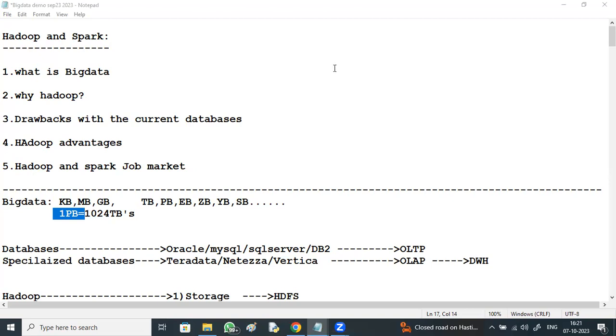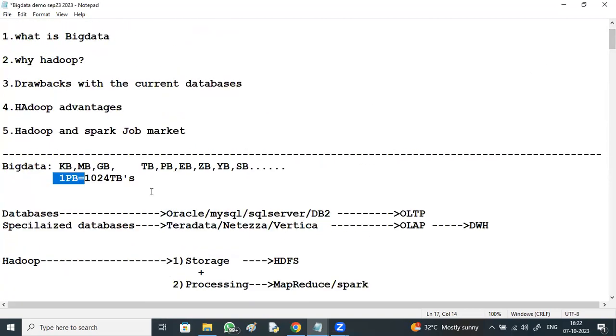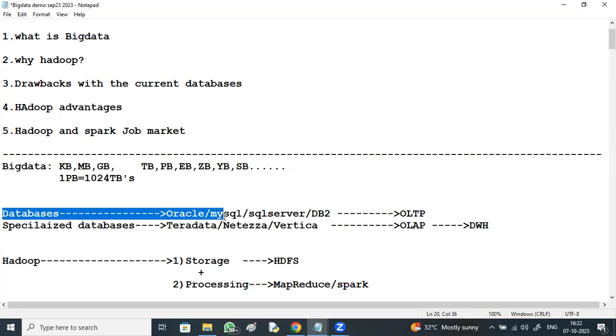So as a solution to all this, we have got a framework like Hadoop. Any technology you take is meant either for storage or processing. Databases like Oracle and MySQL are used for storage. Technologies like C, C++, Java, .NET are all meant for processing.